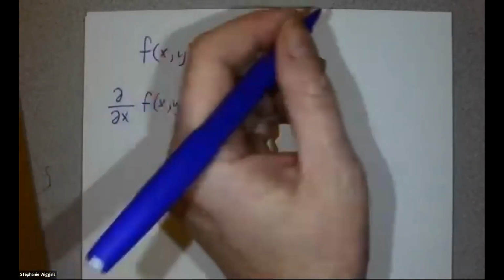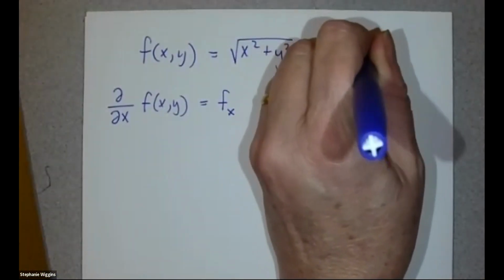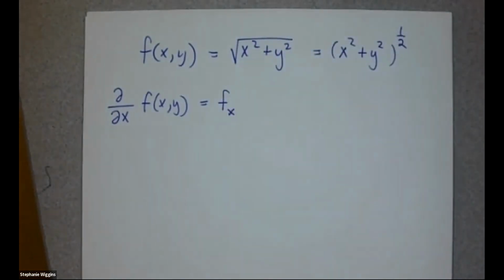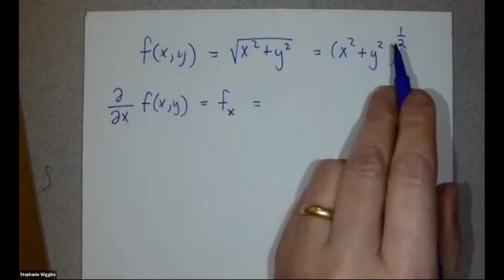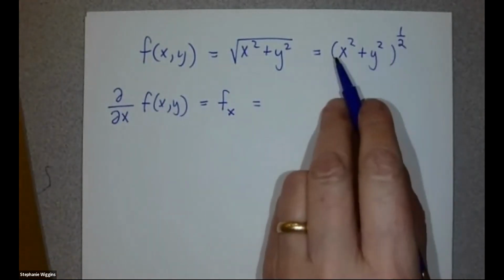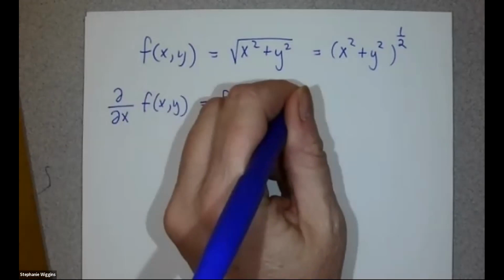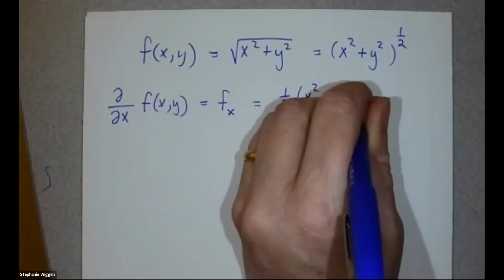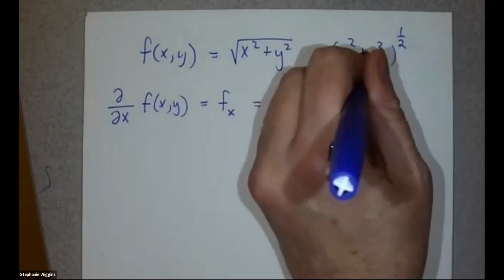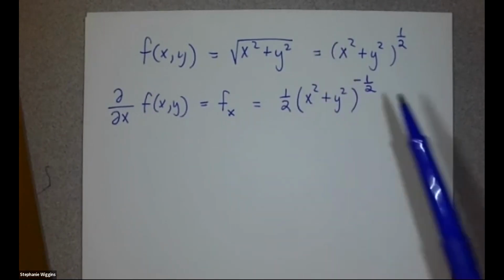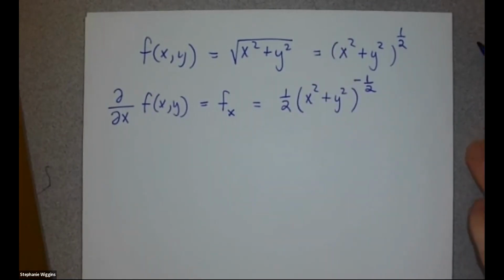So think of this as x squared plus y squared to the power of 1/2, right? And then when I differentiate, applying the power rule, the 1/2 comes out front. And then I subtract 1 from 1/2 to give me -1/2. And then by the chain rule, or the extended power rule, I have to multiply by the derivative of what's inside.